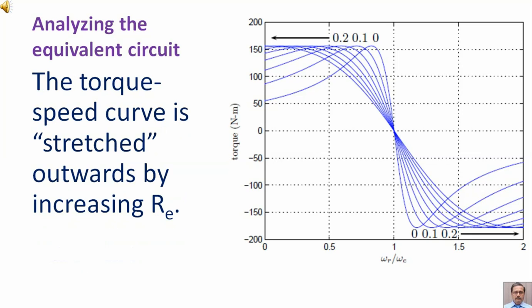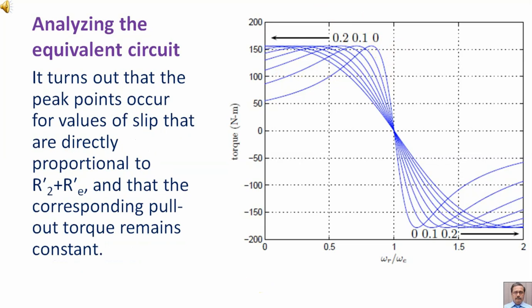The torque speed curve is stretched outwards by increasing R_E. It turns out that the peak points occur for values of slip that are directly proportional to R'_2 plus R'_E, and that the corresponding pull-out torque remains constant.